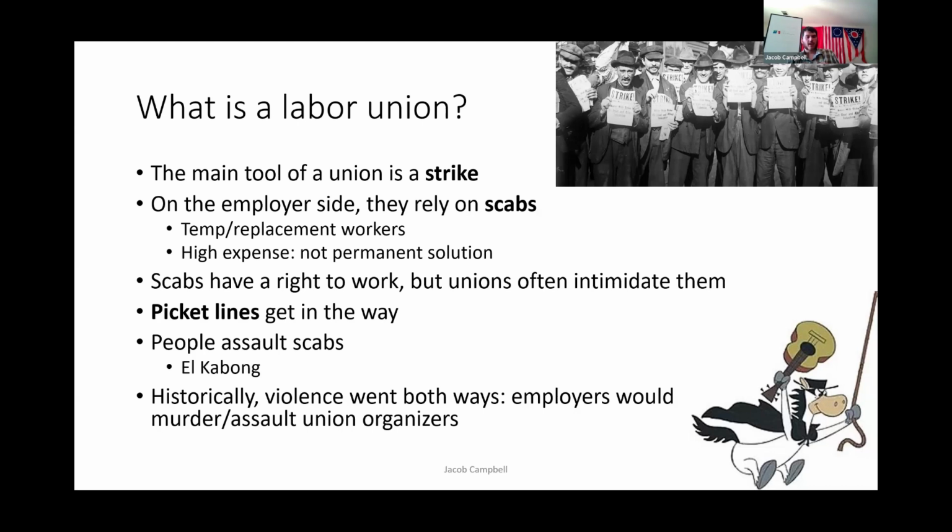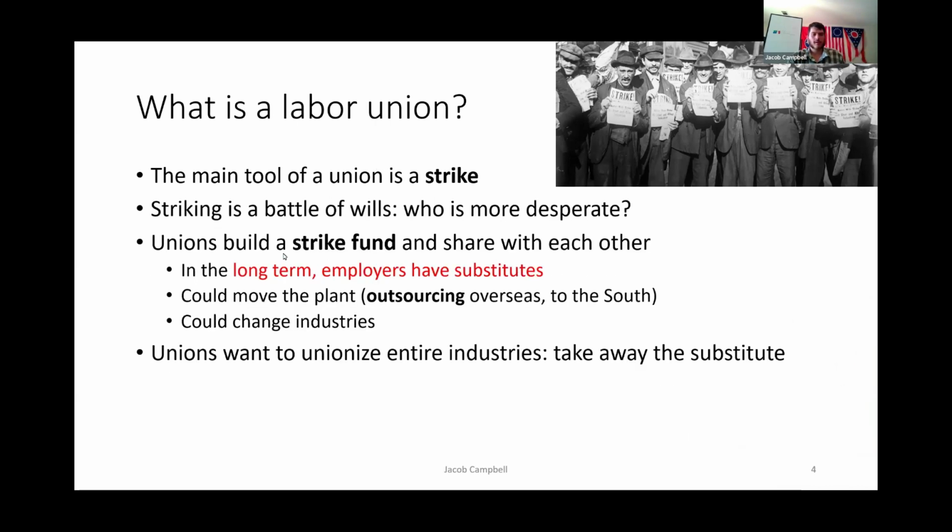They can't pay the higher wages forever, or it's not worth it to pay the higher wages forever. If you're paying more than what the union's demanding forever, then you might as well just pay the union. But they can bring in the scabs temporarily to extend the strike longer so that the union bleeds its strike fund dry.